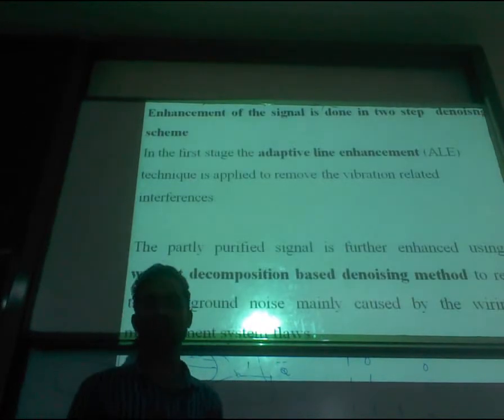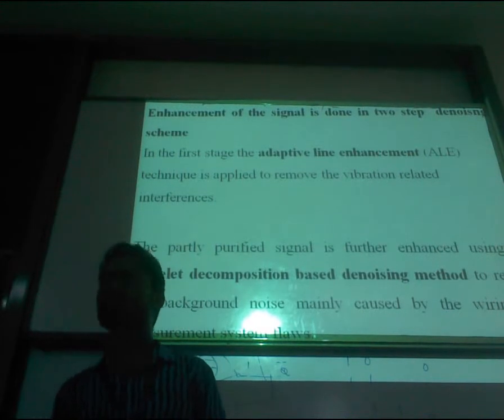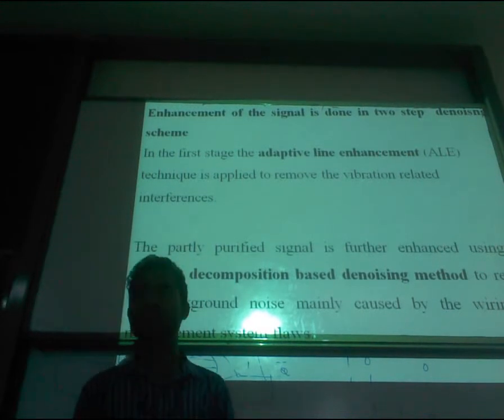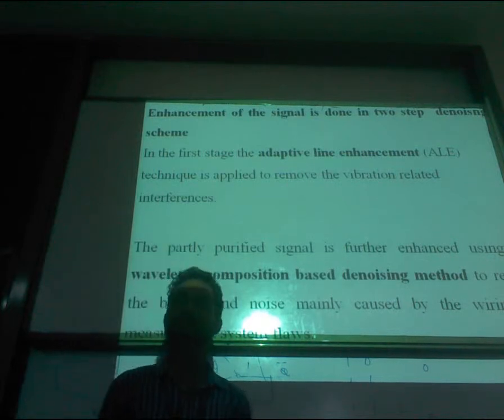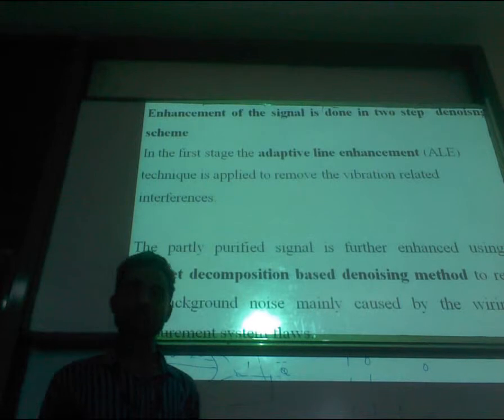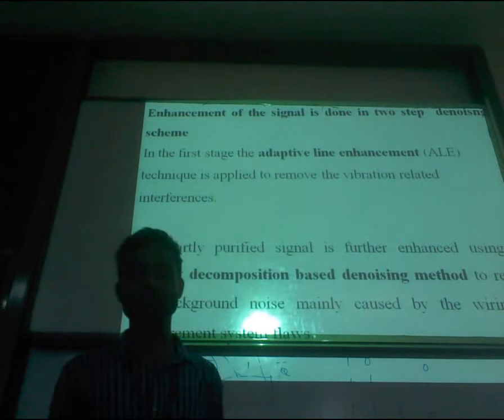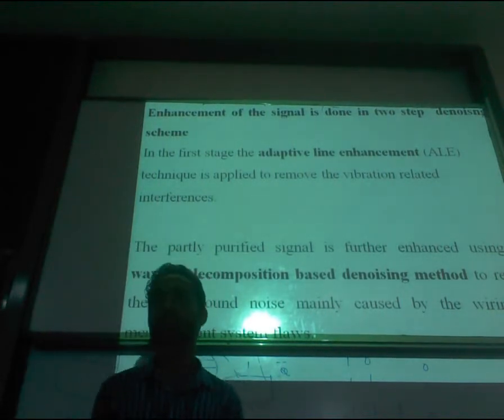The enhancement of the signal is done in a two-step denoising scheme. It is not done in one step since there are two interfering factors on the signal. Therefore, it is rectified in two steps. In the first stage, the adaptive line enhancement technique is applied to remove the vibration-related information.